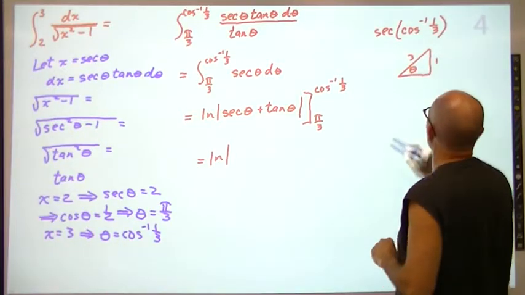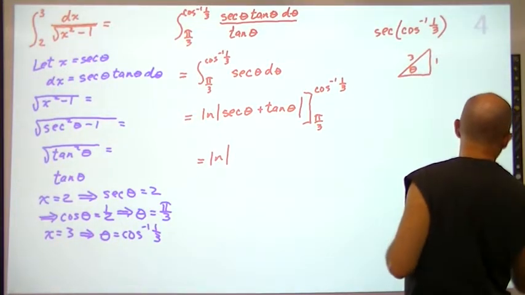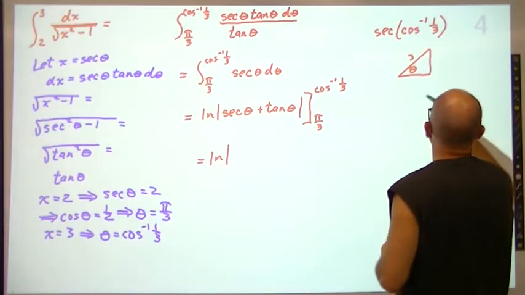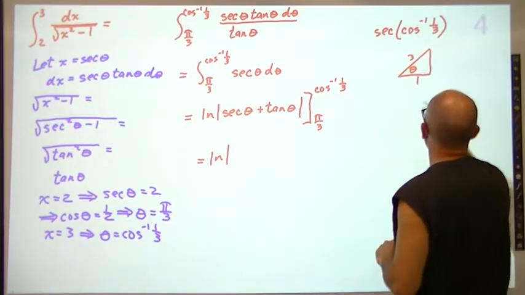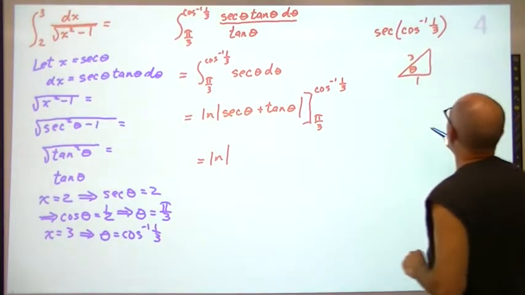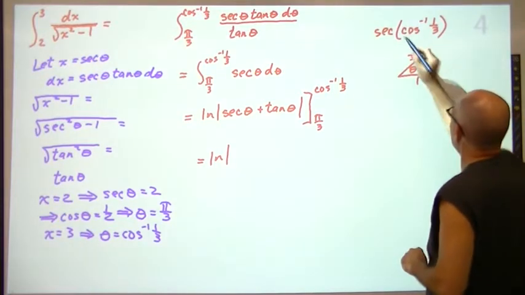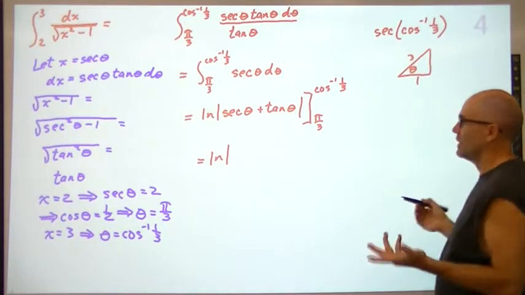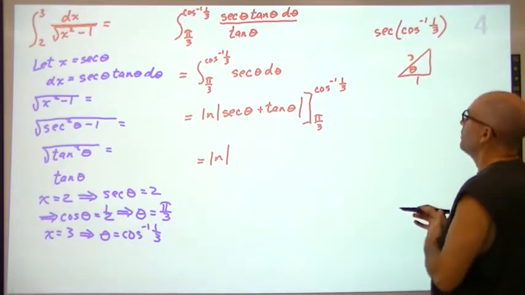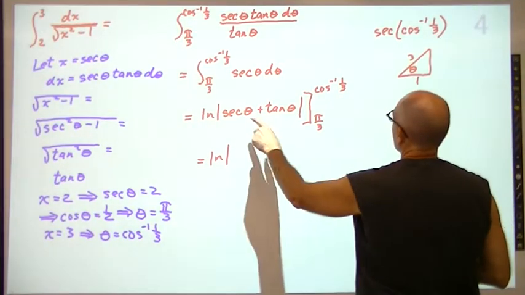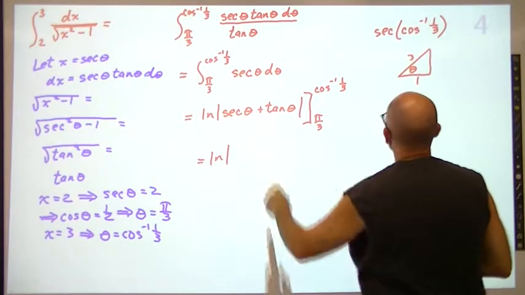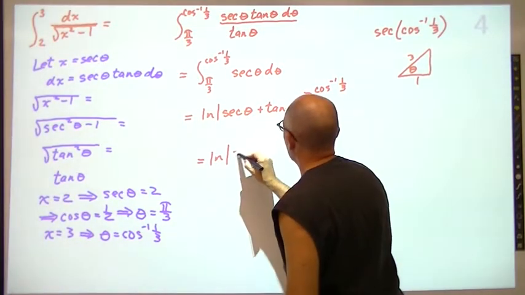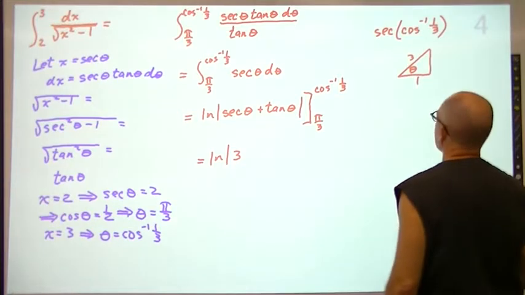So it's this angle, where cosine is 1/3. Now, if we want the secant of that, that's going to be just 3 over 1, the reciprocal of cosine. So the secant of inverse cosine 1/3 ends up being 3.